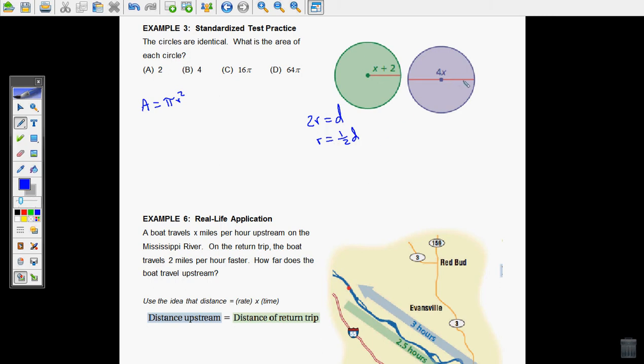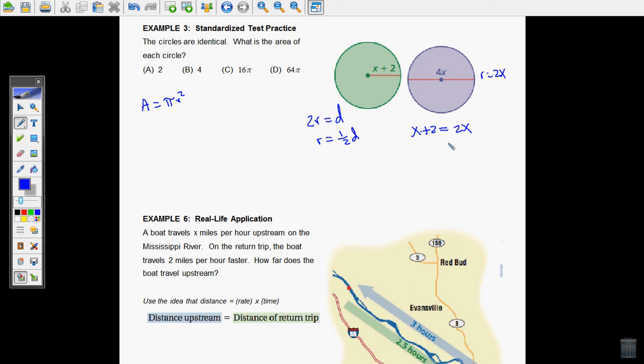Over here it says the diameter is 4x, so the radius over here must just be 2x, right? And if these things are identical, shouldn't this radius be the same as this radius? So shouldn't x plus 2, the radius of the green circle, be equal to the radius of the purple circle, 2x? It should be.